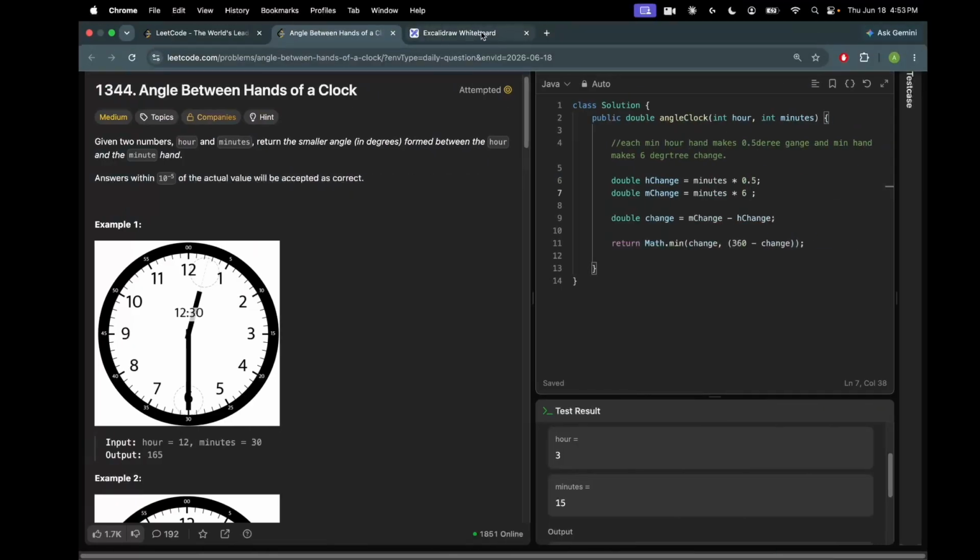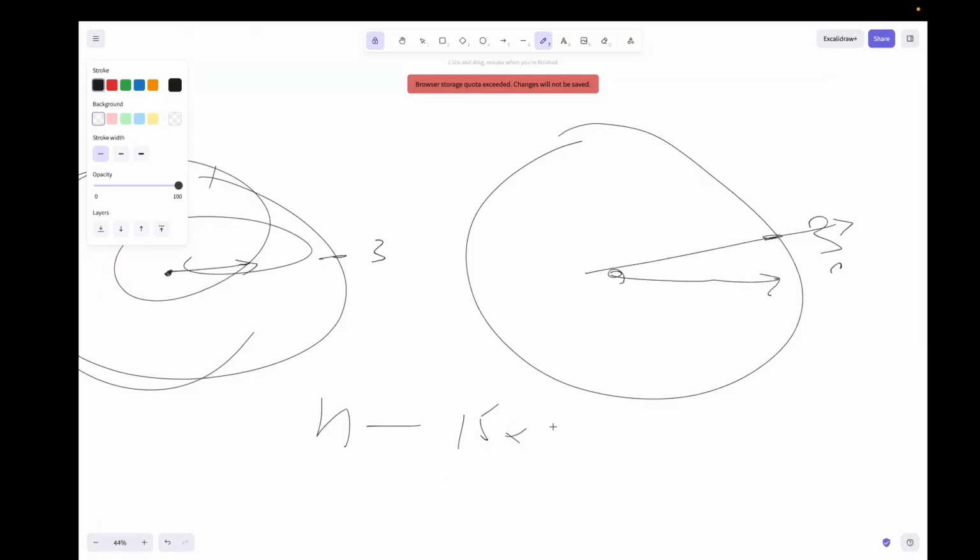Minutes, so that's 15 times 0.5, that is 7.5 degree change.